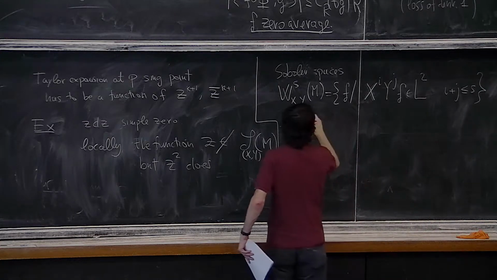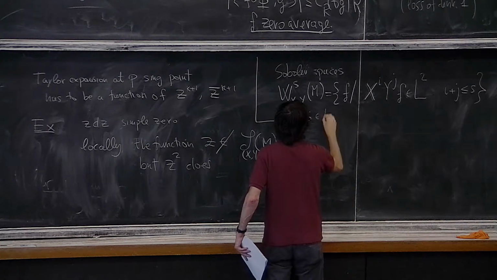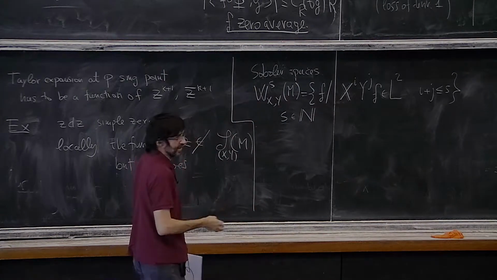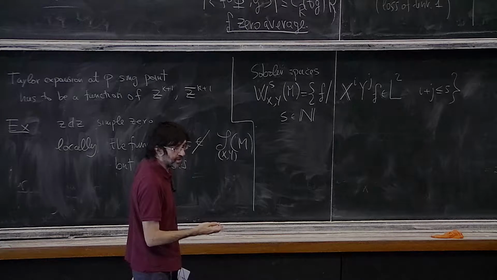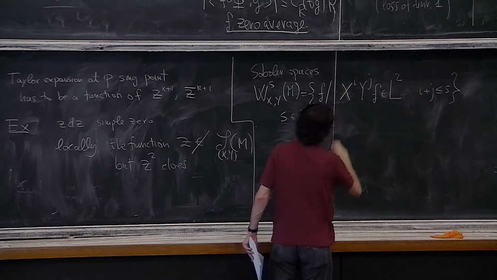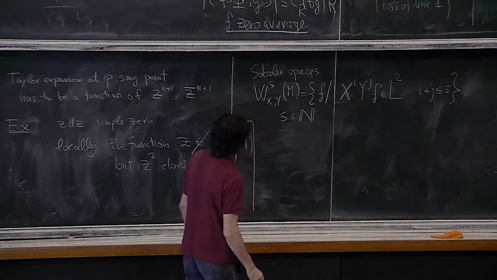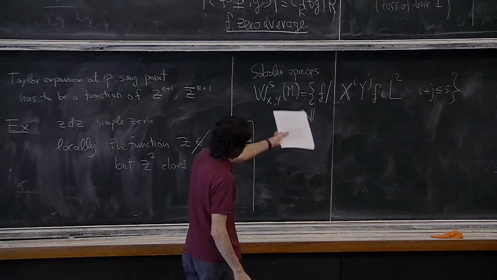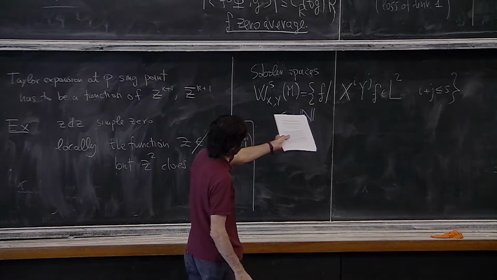So this is for s a natural number. There is a way to discuss extension to non-integer real s, but I'm not going to bother with that. So essentially, the condition is that a certain number of derivatives with respect to the vector fields X and Y are in L2.